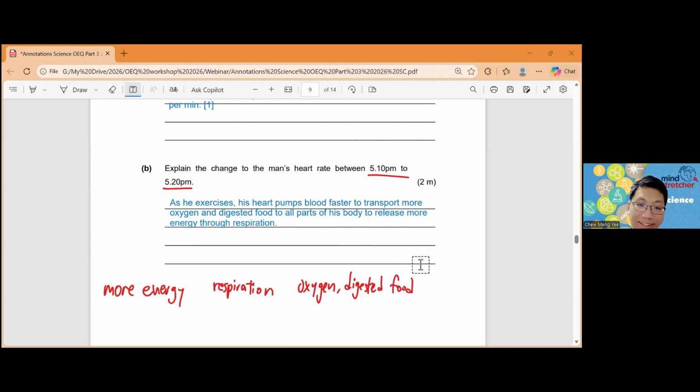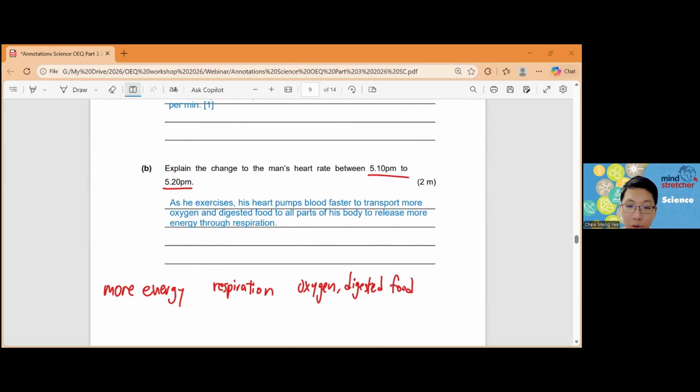Biologically, when our heart pumps blood, it's transporting all this oxygen, digested food, as well as the waste materials around the body faster. So we're taking in oxygen faster, we also give out carbon dioxide faster. It's all a cycle. So the full story includes the carbon dioxide.